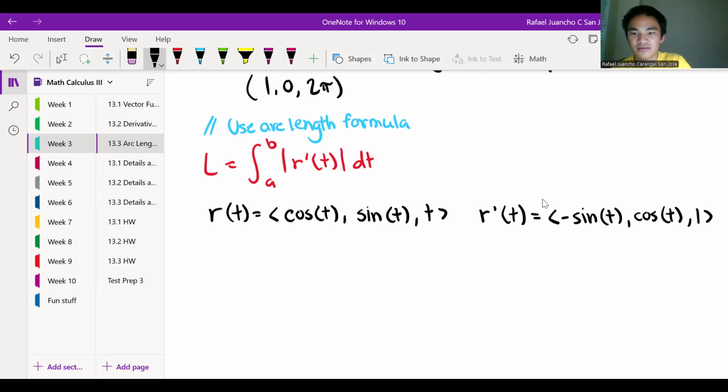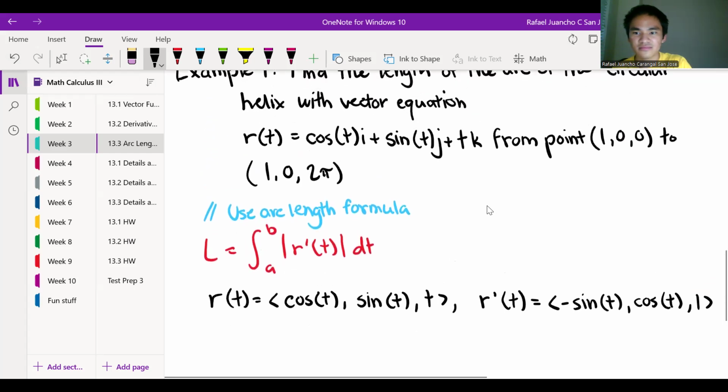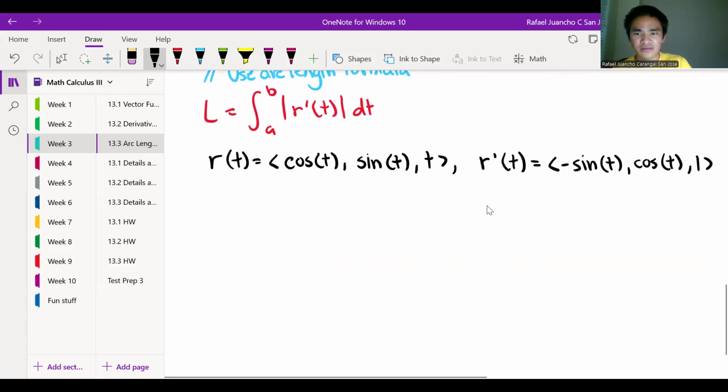And then, what else can we do? We want to get its length, right? So let's do that. Let's get its length then. R prime of t.